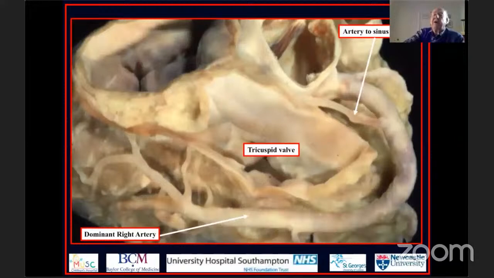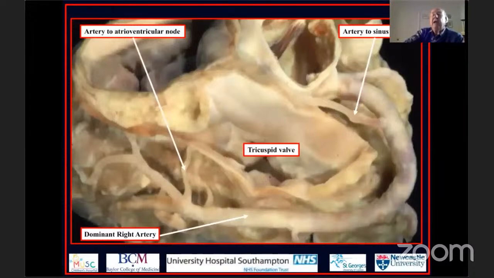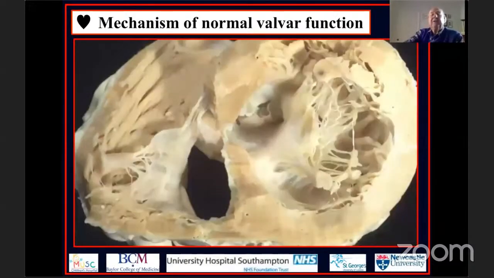In over half of cases, it gives rise to the artery to the sinus node. Whenever it is dominant, it gives rise to the artery to the atrioventricular node. So this right coronary artery also remains a potentially dangerous entity in the setting of Ebstein's malformation, because it will retain its location at the atrioventricular junction.